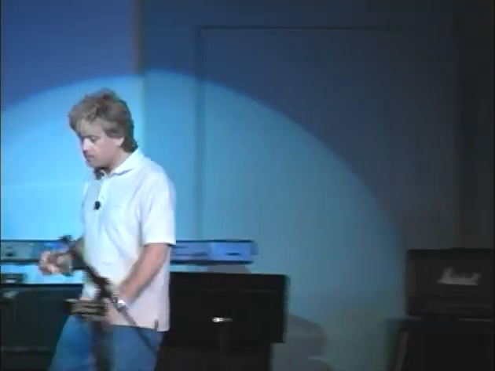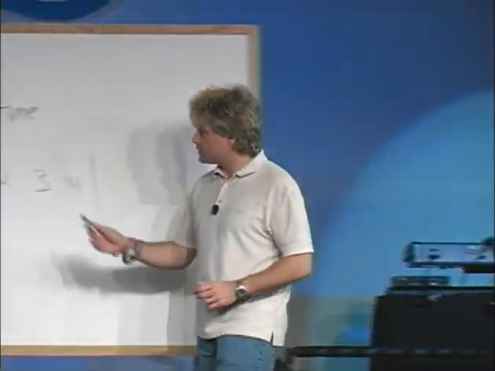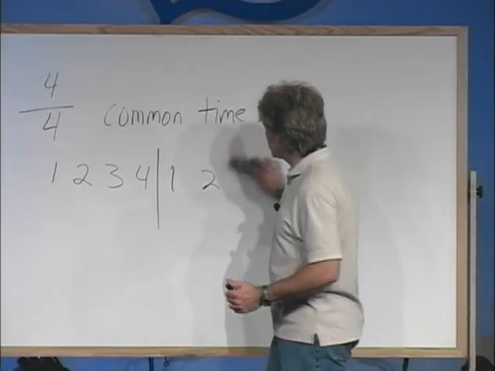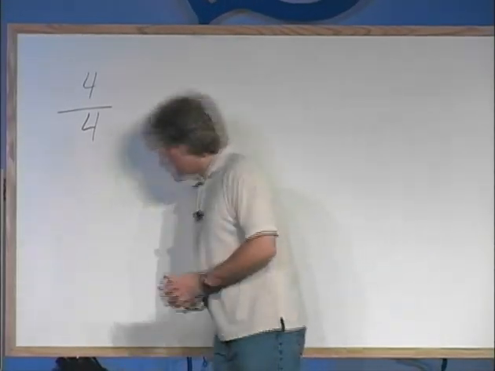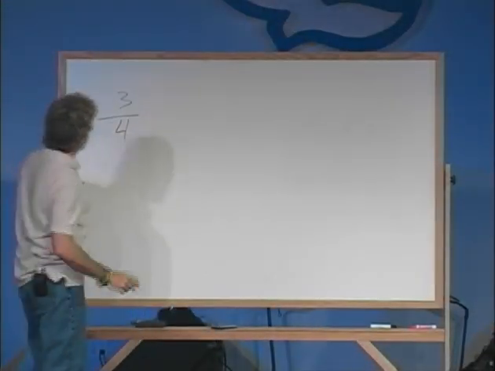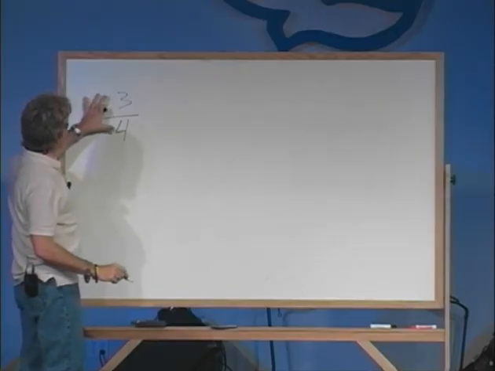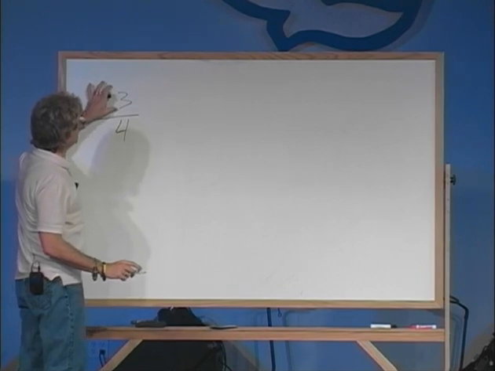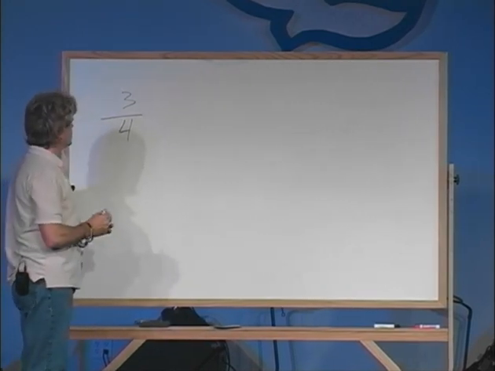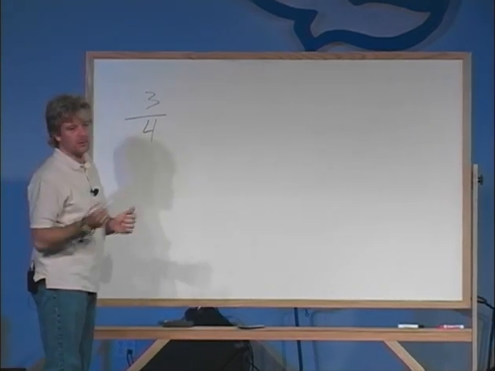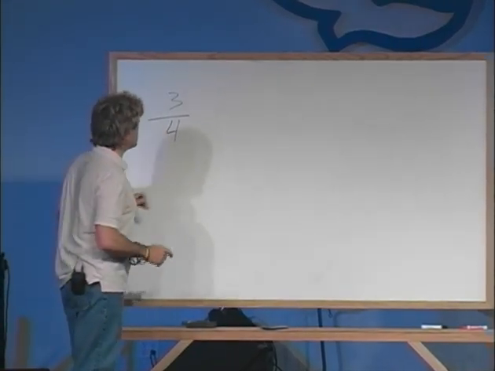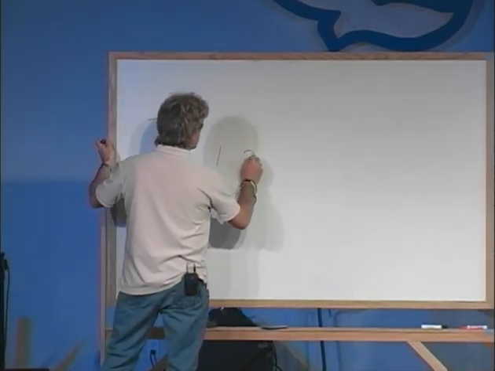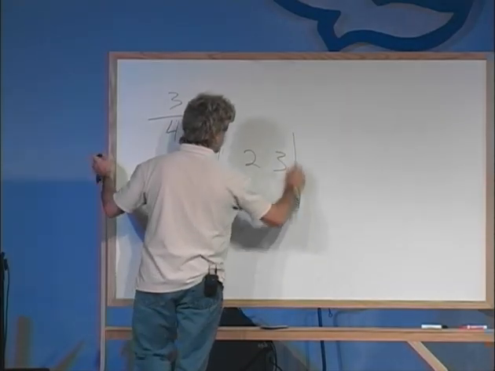Now I want to cover one more thing before we close, and that's that there's one other counting system that occurs sometimes, enough where we want to mention it, and that's 3/4 time. The top number of this tells you what your counting pattern is. Counting pattern when there's a 4 up there is 1, 2, 3, 4. Counting pattern when there's a 3 up there is 1, 2, 3.